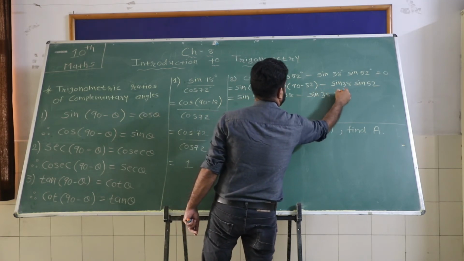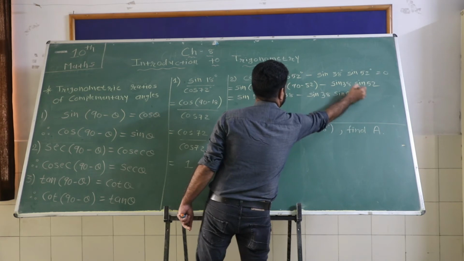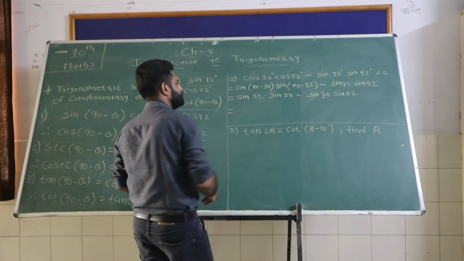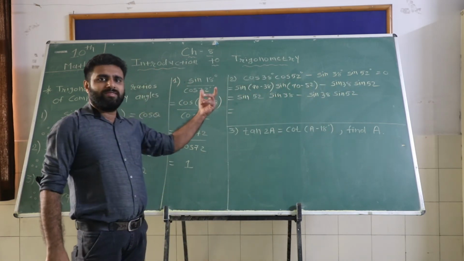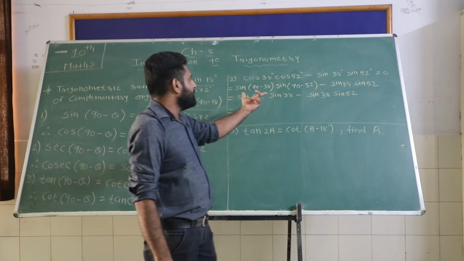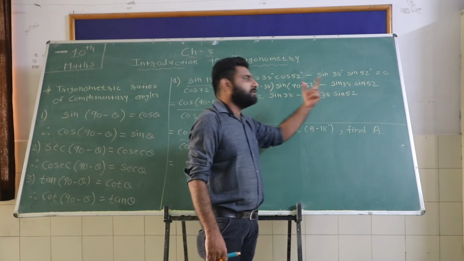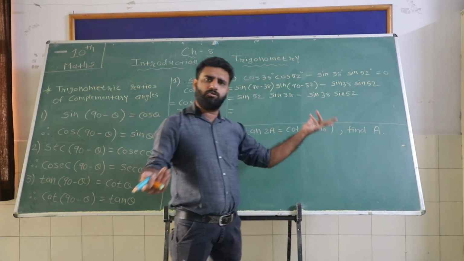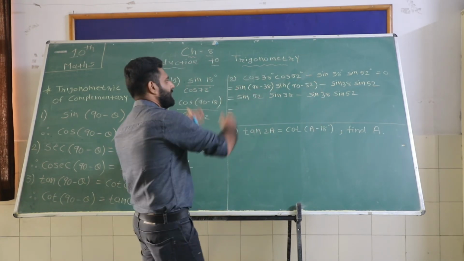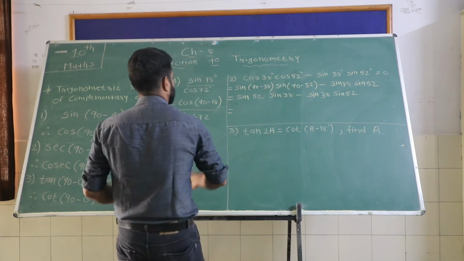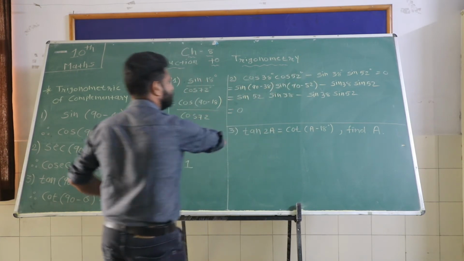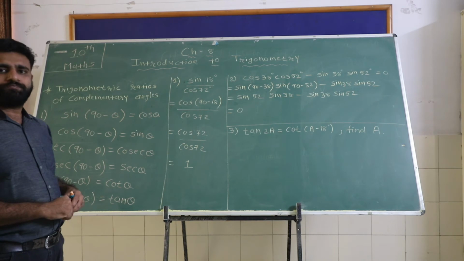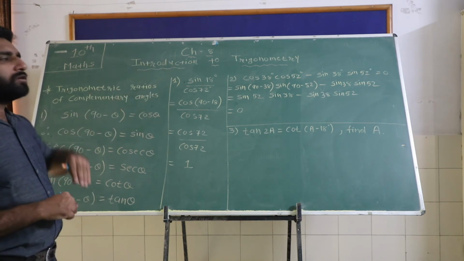The other two stay as they are, sin 38 and sin 52. As you can see, both are equal: sin 52, sin 38, sin 52, sin 38. They can be interchanged since they are only in multiplication. So ultimately both steps are equal, so it equals 0, which is what we want.